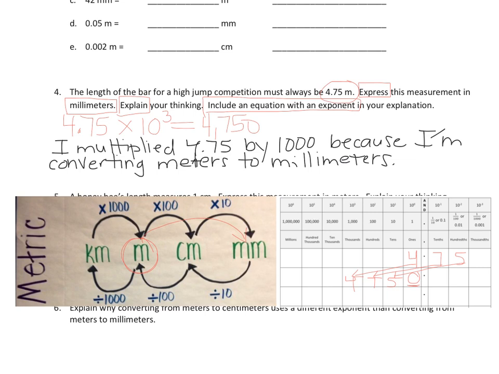Further explanation, we're going to say that we actually moved 4 and 75 hundredths to the left 3 times.